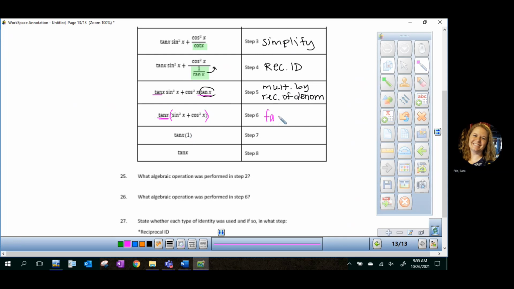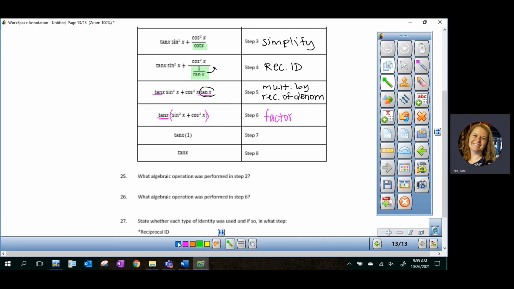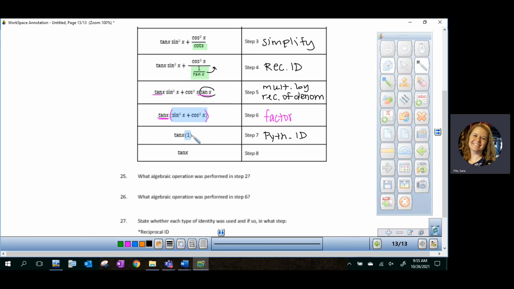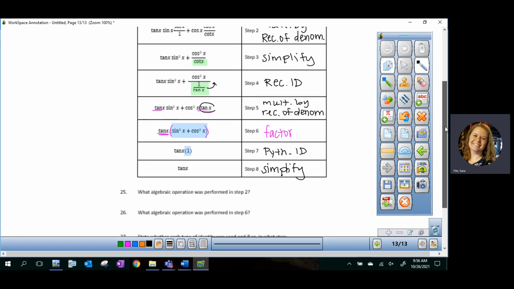Factoring. So they factored. Then they did a replacement here. Sine squared plus cosine squared is 1. What identity is that? That's Pythagorean. And then they just multiplied by 1, which is just tangent, so that's just simplifying.